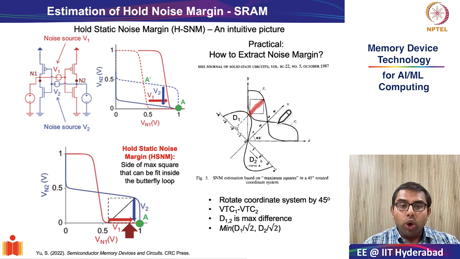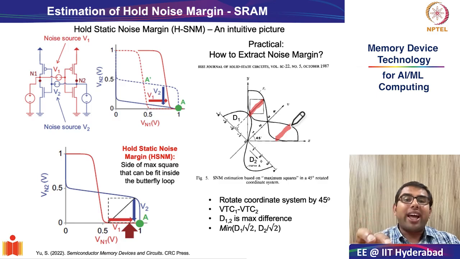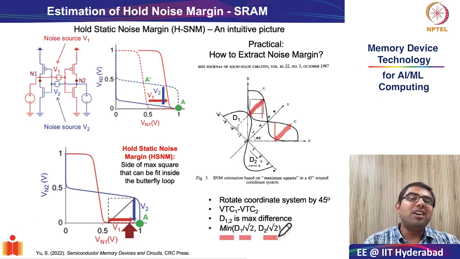So if D1 and D2 are the hypotenuse, the sides will be D1 divided by root 2. And therefore, the minimum of D1 by root 2 and D2 by root 2 gives you the static noise margin. Okay, so this is how you practically calculate the hold static noise margins.